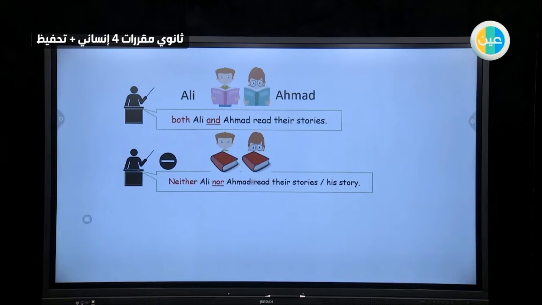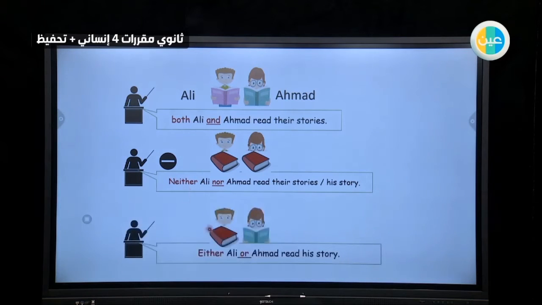Look here, they are closing their books. No one of them is reading now. Neither Ali nor Ahmed. So nor comes with neither, and comes with both. And we have here either Ali or Ahmed reads his story. So one of them, either Ali or Ahmed, reads his story. So or comes with either.